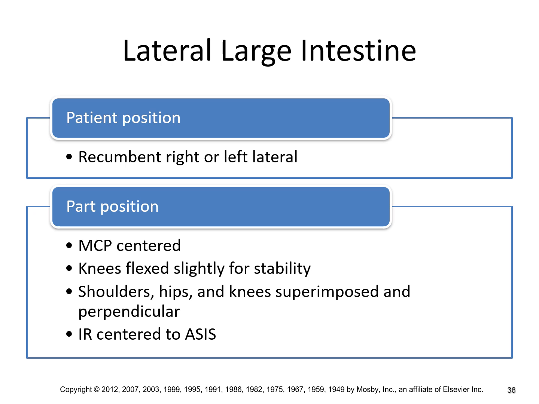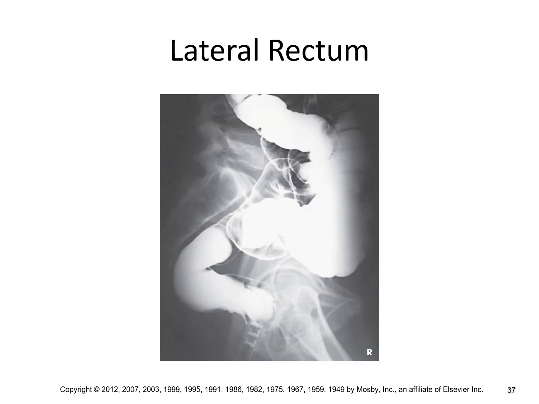All right, doing a lateral intestine, typically this is confined to just the rectum, but occasionally you will do a full body lateral, but mostly it's a lateral rectum. You're going to shoot a lateral rectum just like you shoot a lateral sacrum. So at the level of the ASIS, 3 inches posterior from the ASIS.